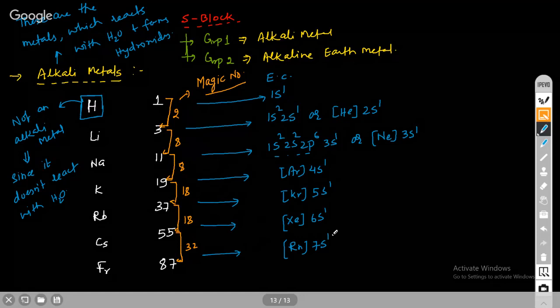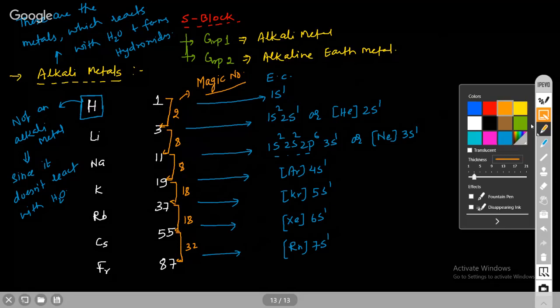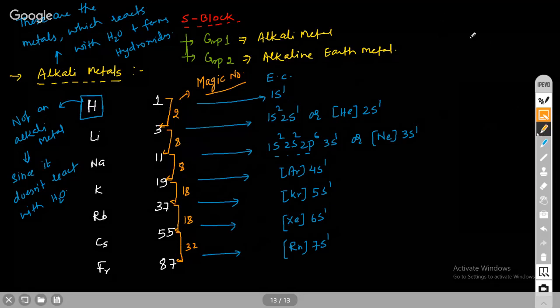Okay, so the outermost electronic configuration of these elements is nothing but ns1, where n represents the number of the period. Hydrogen, lithium present in second period, so 2s1.